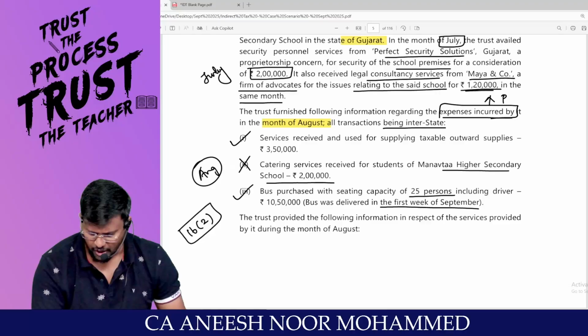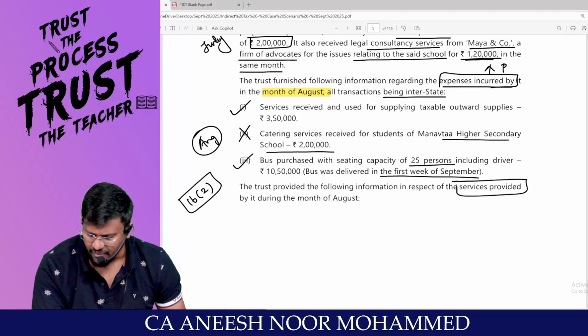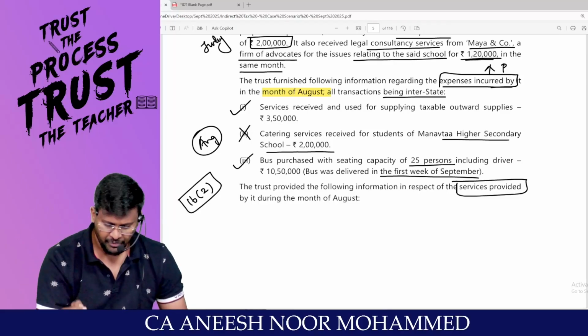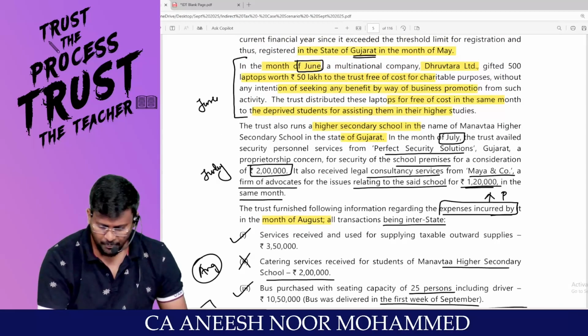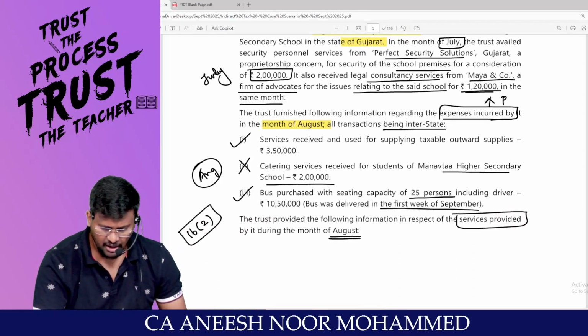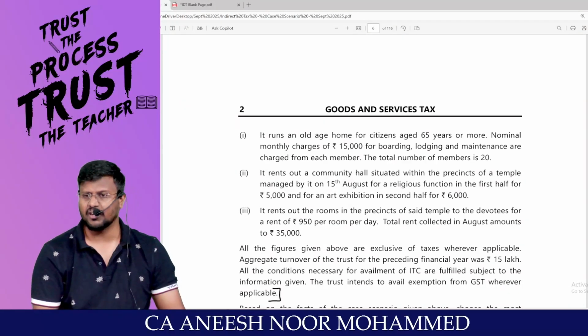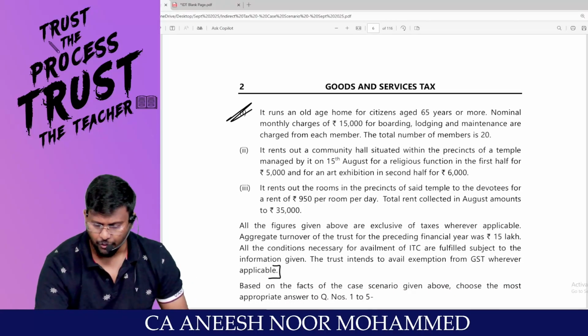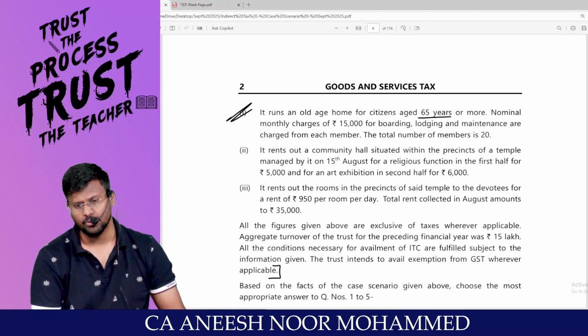Trust provides the following information in respect of services provided. Services provided in the sense means outward supply in the month of August. So these are August details. These are August details which are outward supply. It runs an old age home for citizens aged how many years or more?